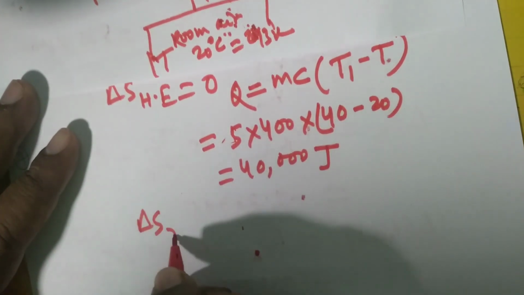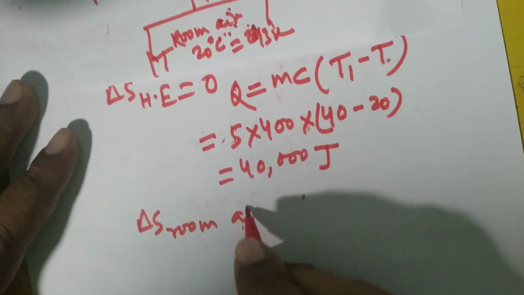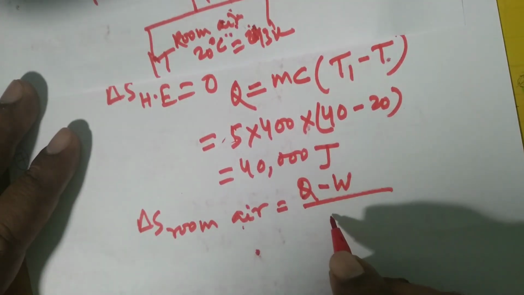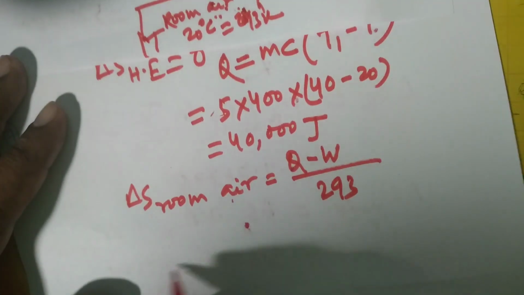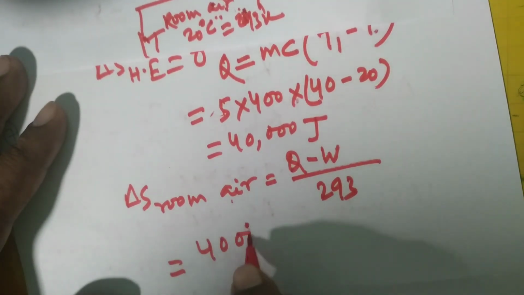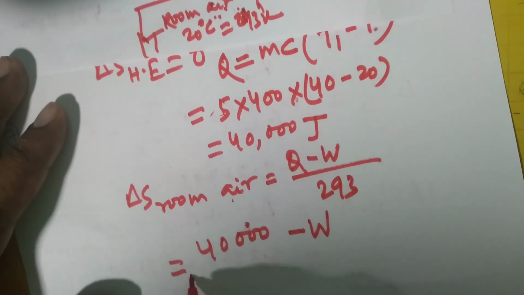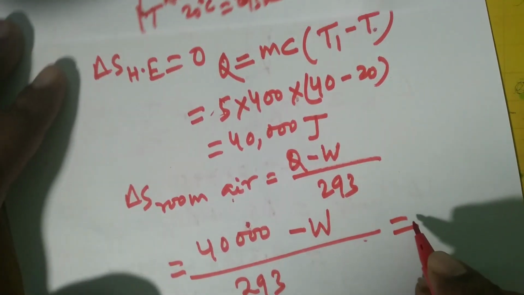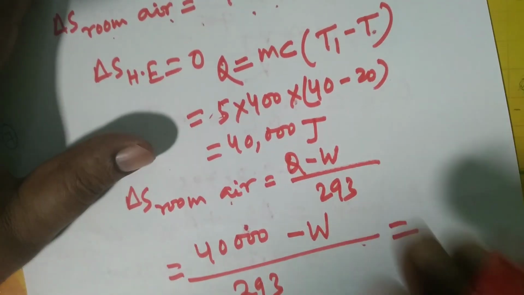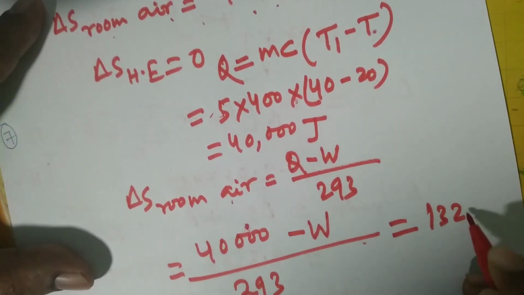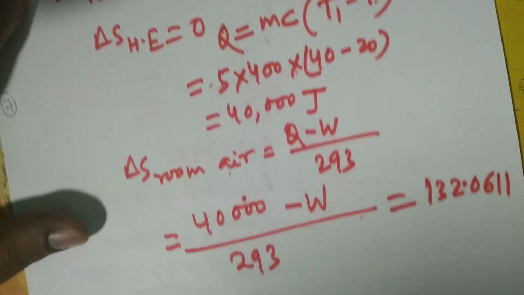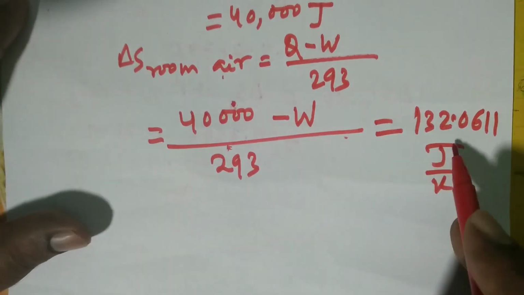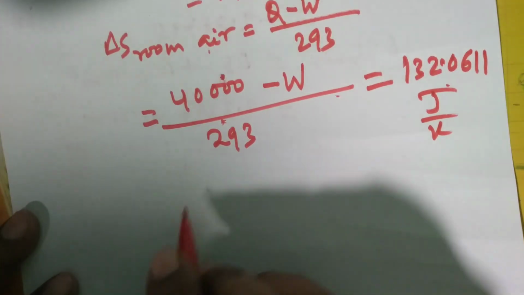Delta S of room air in this case is nothing but (Q minus W) divided by 293, and Q is 40,000 minus W. W we want to calculate, and delta S of room air we have already calculated as 132.0611 joule per Kelvin. So on equating these, we can find out W.